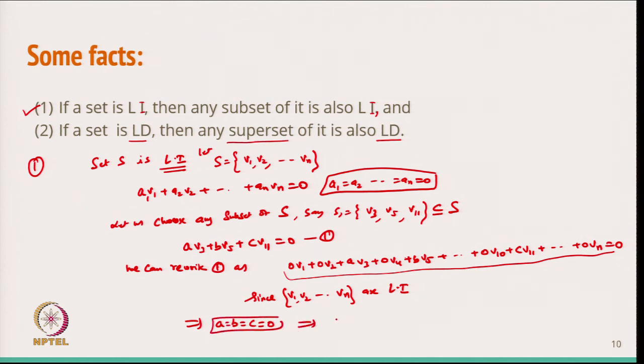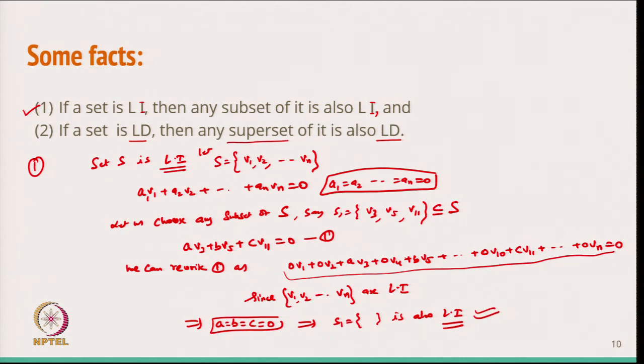So, this S1 set of vectors is also linearly independent. So, if I take any subset, then it is coming linearly independent.